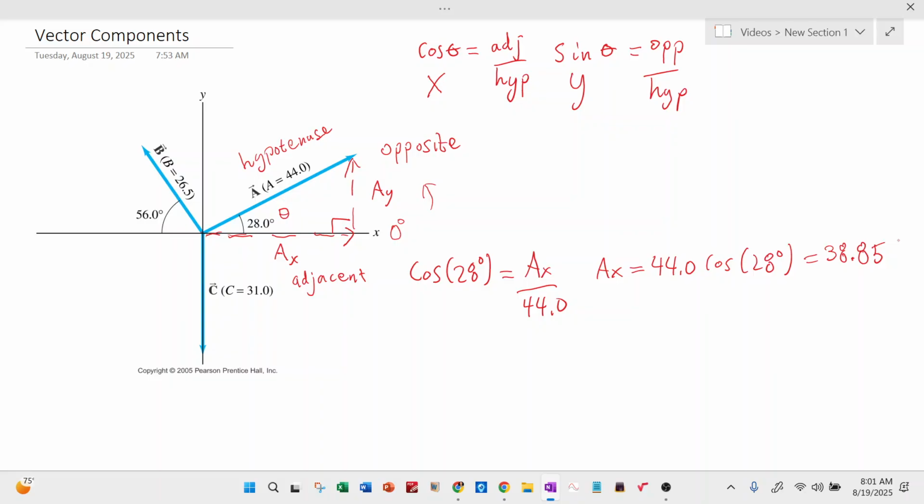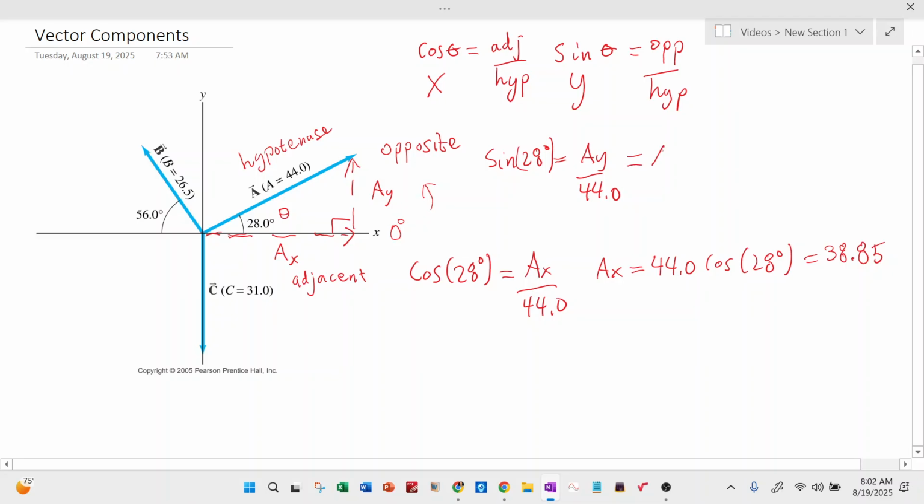And then I'm similarly going to calculate AY using sine of 28 degrees. Sine of 28 degrees is equal to AY over 44.0 units, meters, newtons, something.